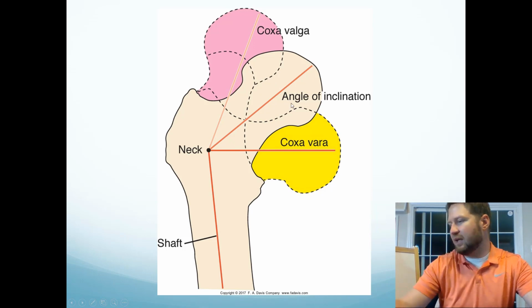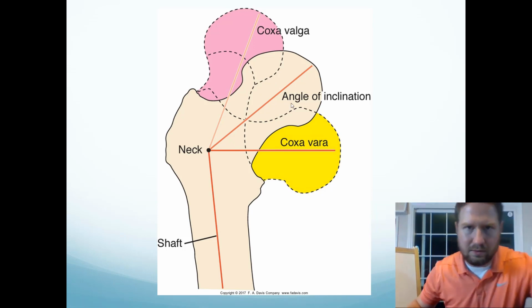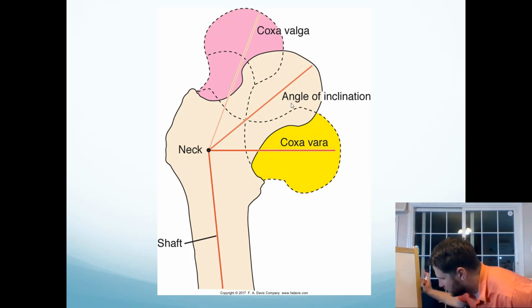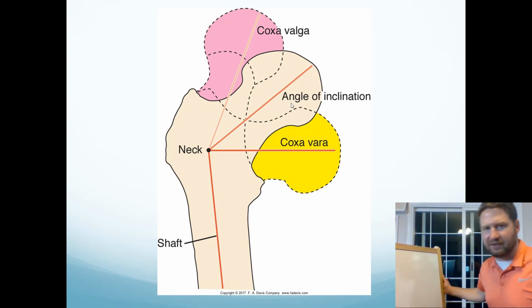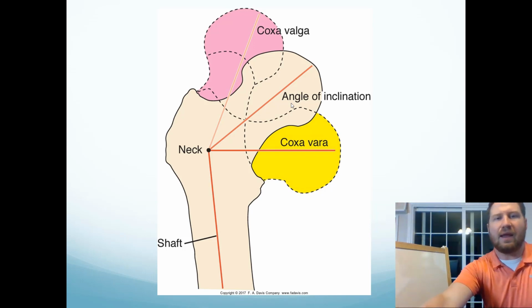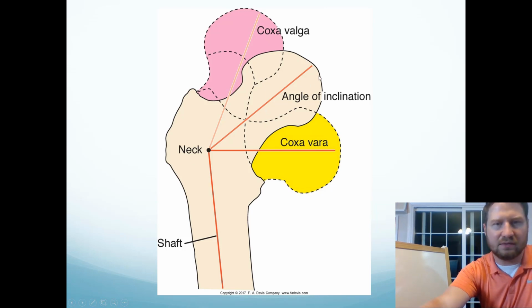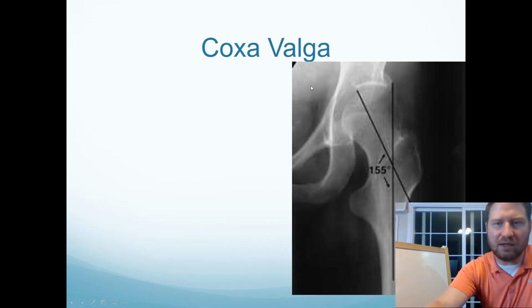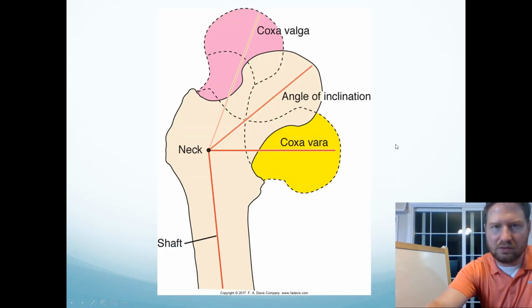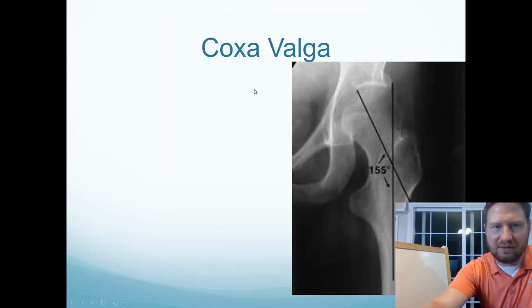Now, I will say that I like to think of it as the femoral head and the femoral neck will always come out of the acetabulum at this line. Okay? So when we have coxa valga, you can see how that's coming out relatively similar to that.